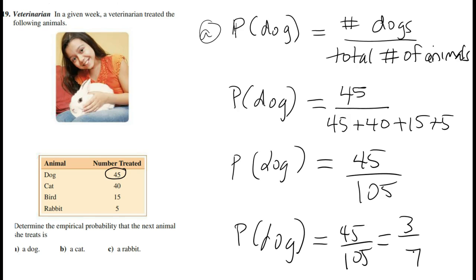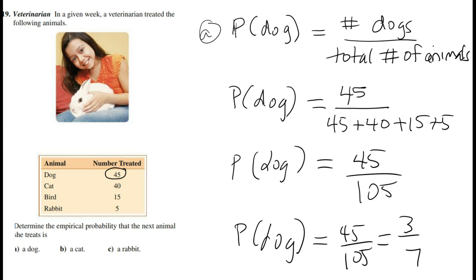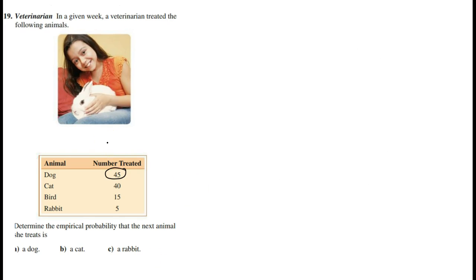We might as well talk about the probability of a cat before we move on. Let me see if I can just duplicate this slide. All right, I've duplicated the slide.